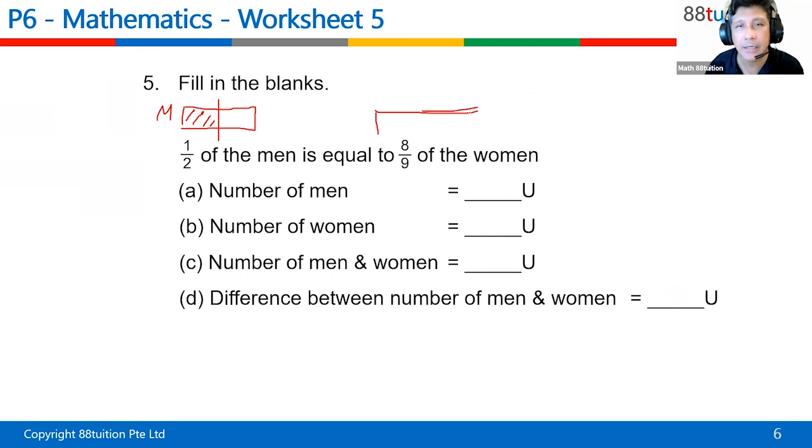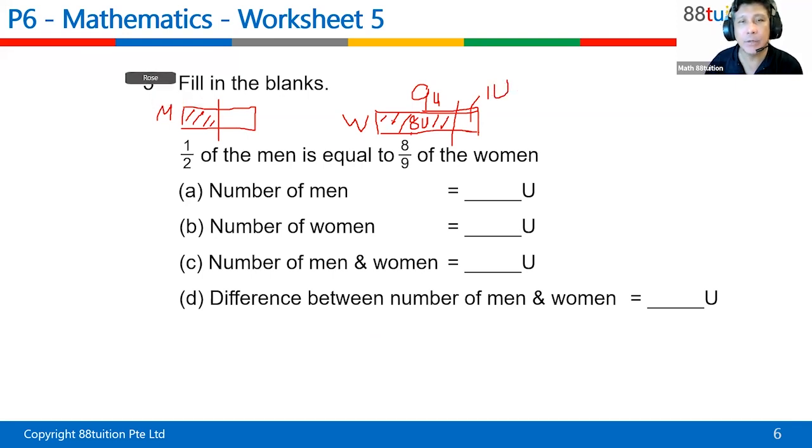So for example, this is women. Women is supposed to be 9 units. But they cut the women up, and then 8 units here is going to match with the men. Okay, then of course this part is 1 unit.